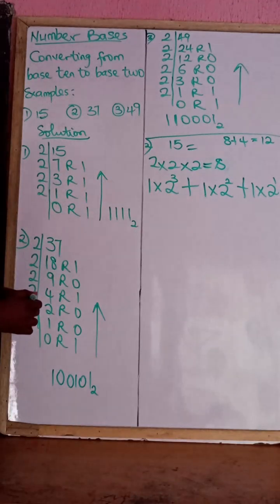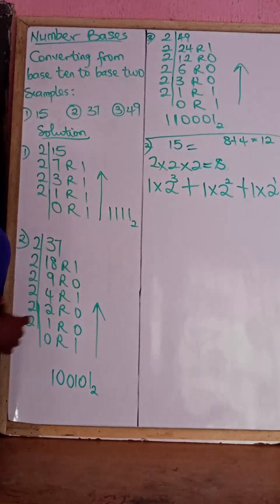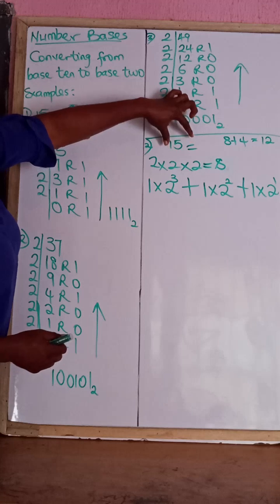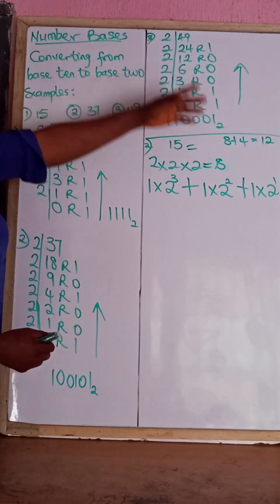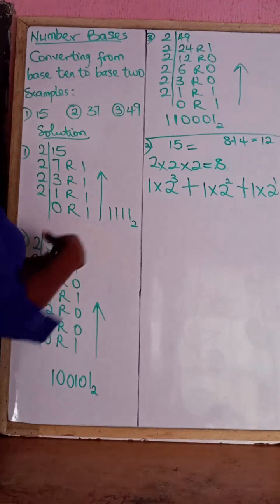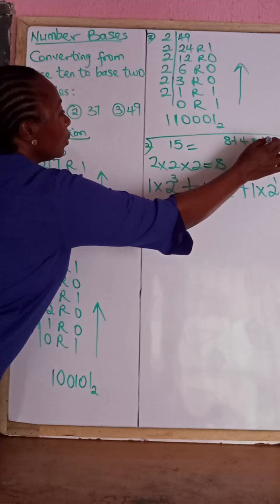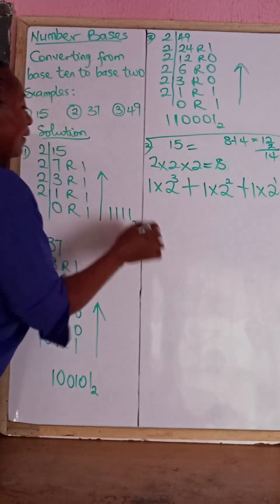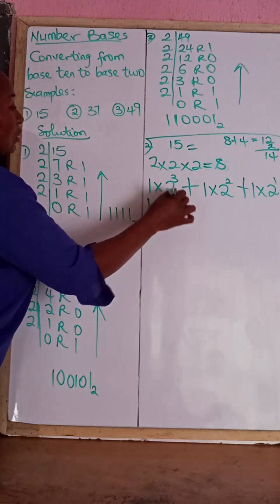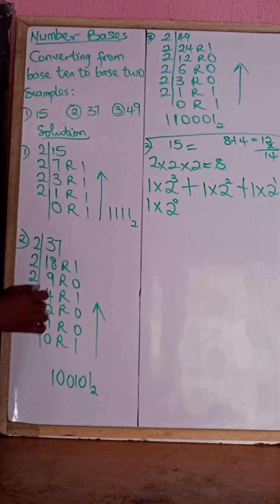We look at the other examples and see how we can work it out, assuming what we have here will make our result bigger than the number we are looking for. Okay, so we have 12 plus 2, it will give us 14. Then the last one is 1 times 2 raised to power 0. Of course, any number raised to power 0 is 1.